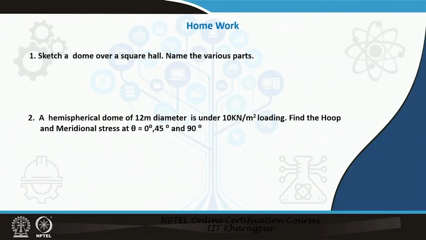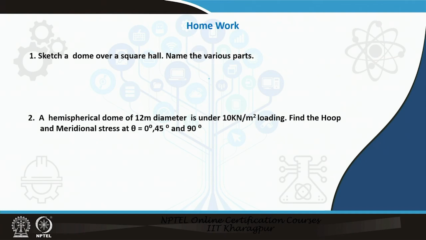I have some homework for you. The first one is again a sketch kind of thing. You sketch a dome over a square hall and name the various parts. So, that is just for your understanding and all. And the second one is a bit mathematical. A hemispherical dome of 12 meter diameter is under a loading of 10 kilonewton per meter square.